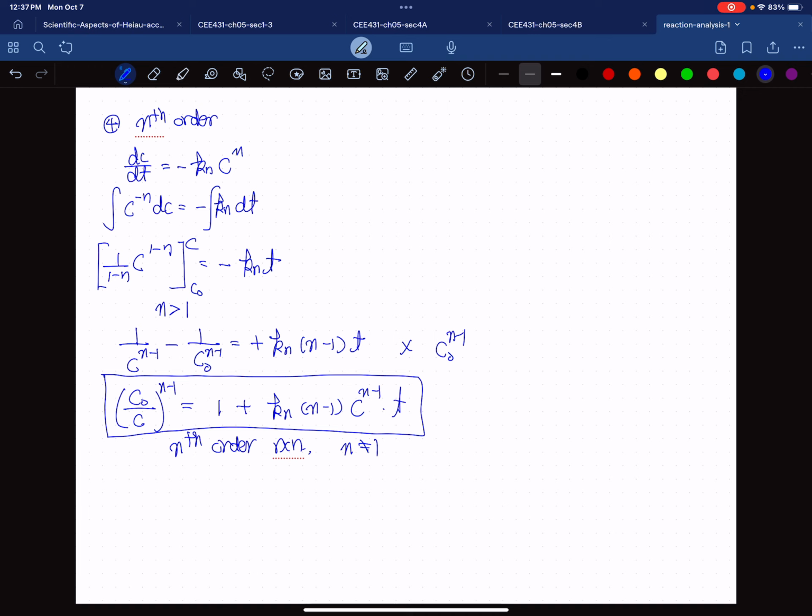So our goal for this reaction analysis is to find the value of n and the reaction constant. This is somehow the extra which works for any n, but not equal to 1. There are mathematical tricks to make this reaction equation work for n equal to 1, but that is too much.